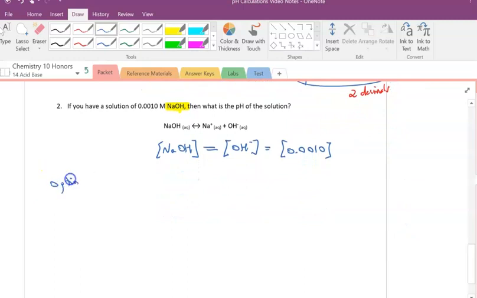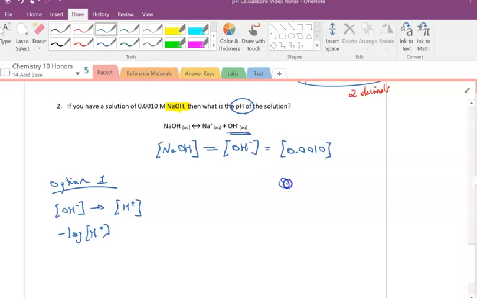So then if I want to solve, there are 2 options. The first way that I could solve this, because I'm trying to get to pH, but this is a base, is that I can't just plug in the hydroxide concentration. So my option 1 is to use the hydroxide concentration to solve for H plus concentration. And I could use my first equation from the previous page in order to do this. Once I get the H plus concentration, then I can take the negative log of that H plus in order to get my pH.